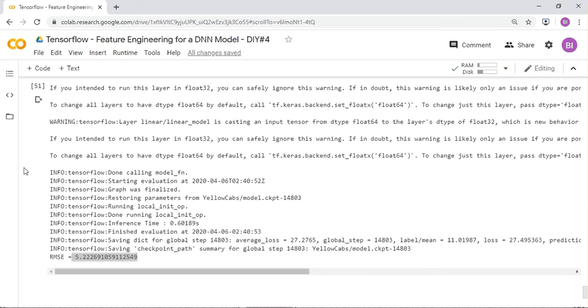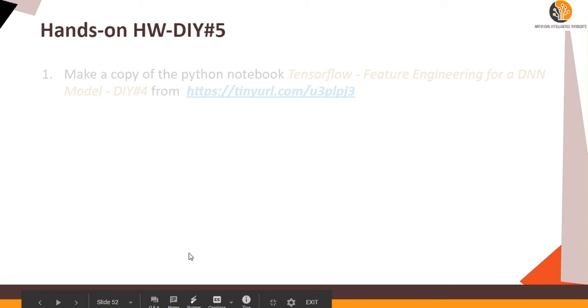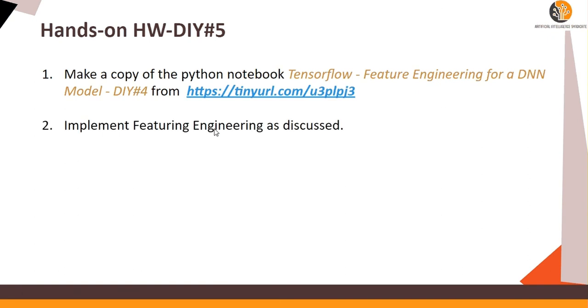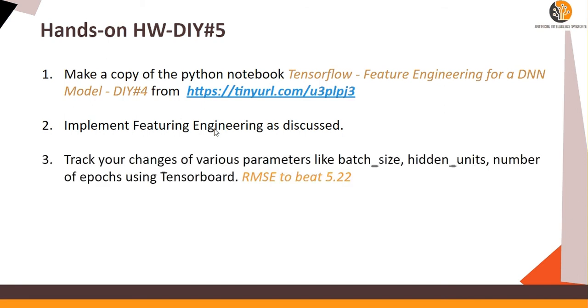So the hands-on is: make a copy of this Python notebook, TensorFlow feature engineering for a DNN model, and then implement feature engineering as discussed. Just implement it, go through the code a little bit more, and then track your changes of the parameters. Let's beat this RMSE by changing these parameters. I'm sure you can beat it. I think in one of those attempts I went down to like 4.12 or something, so you can still beat this RMSE.